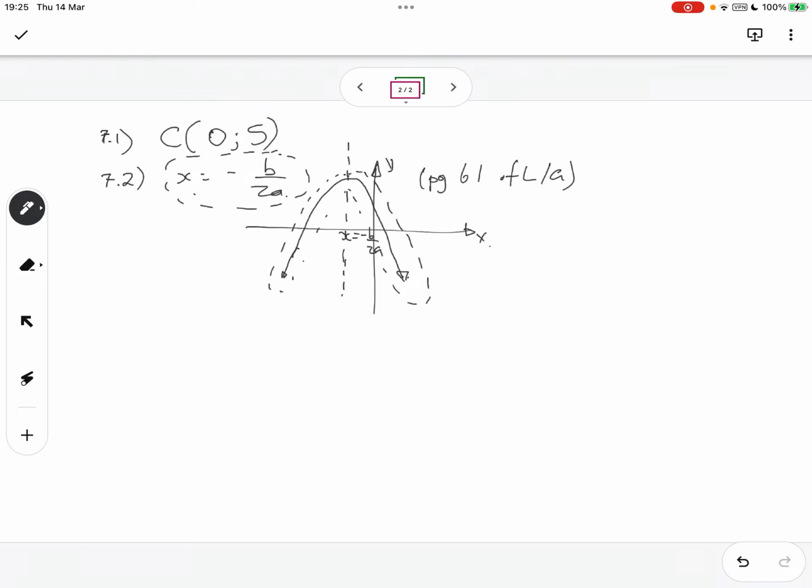And that vertical line is simply represented by the x value there. So we are looking for the x value at x equals minus b over 2a.